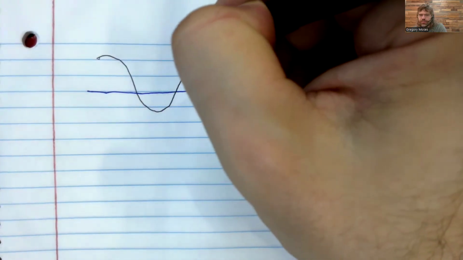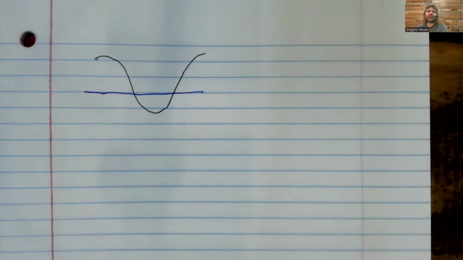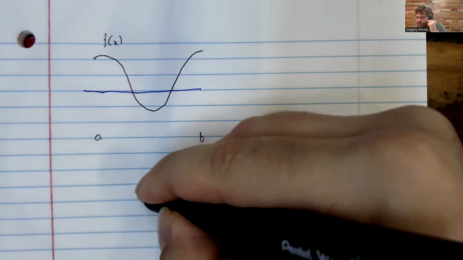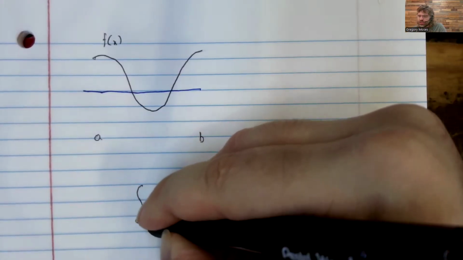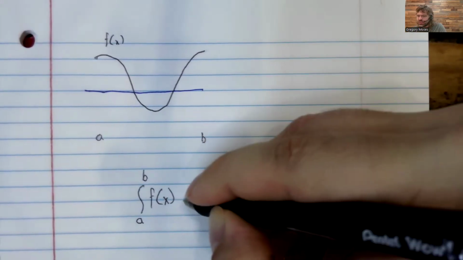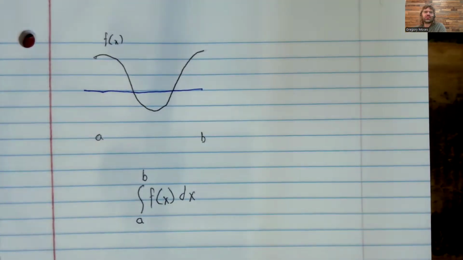What about functions that are not always positive? What if we have a function that looks like this? So here's f of x. It starts at A, it ends at B. The integral from A to B of f of x dx.